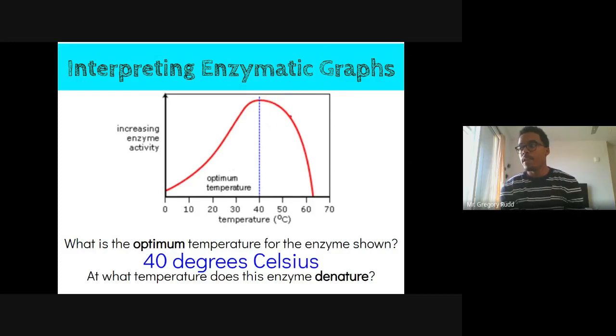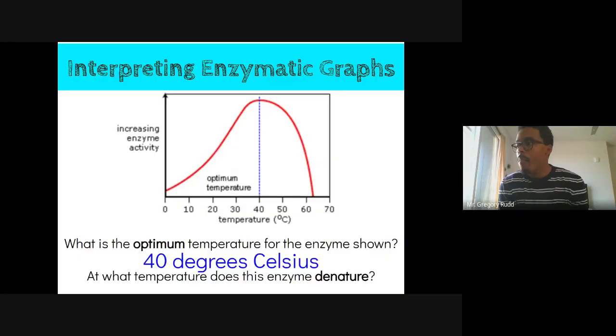So when does that happen here? When does the graph hit 0 here? 60 is better.